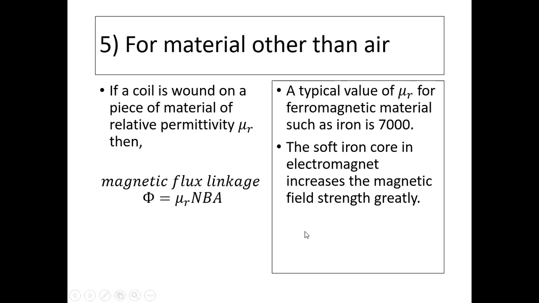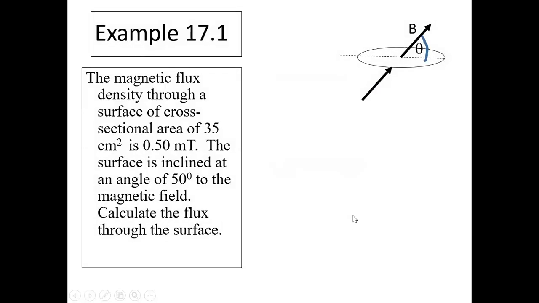That means it increases the magnetic flux linkage by 7,000. So a soft iron core in an electromagnet increases the magnetic field strength greatly. That's the reason why you put an iron core in your electromagnet.